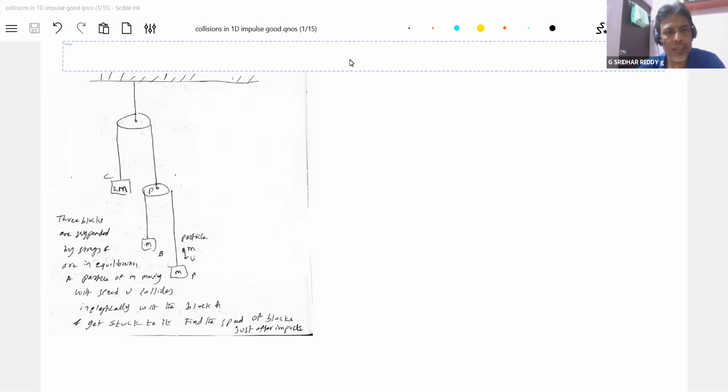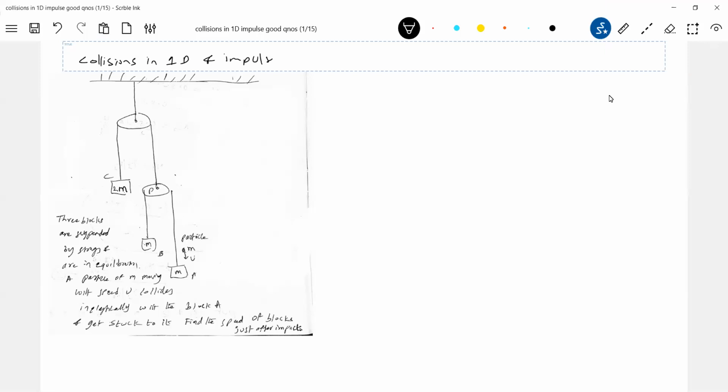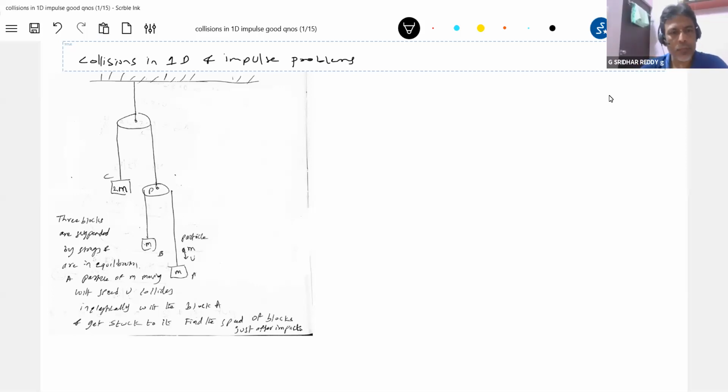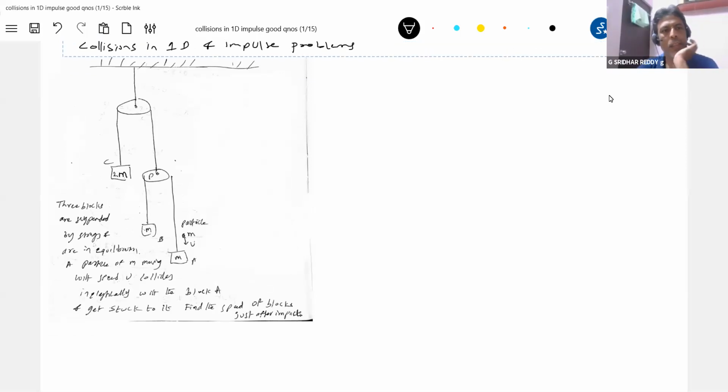Read the question. The three blocks A, B, C are suspended by strings and are in equilibrium.